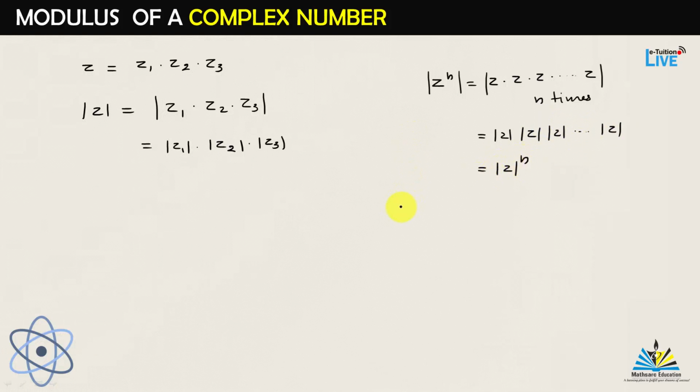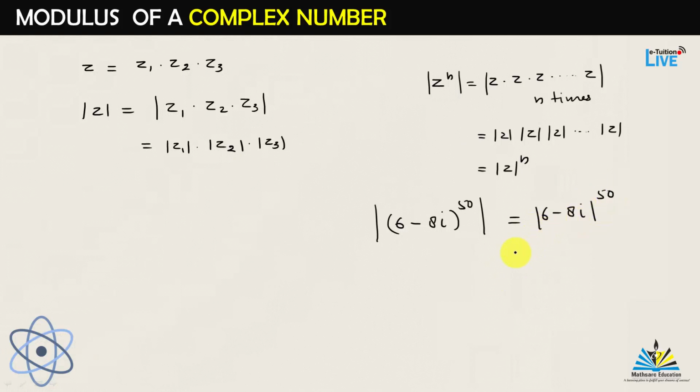Now how is it helping us? Like if we need to find the modulus of 6 minus 8 iota to power 50 to the whole mod. So what we do is we just take 6 minus 8 iota mod and take power 50.